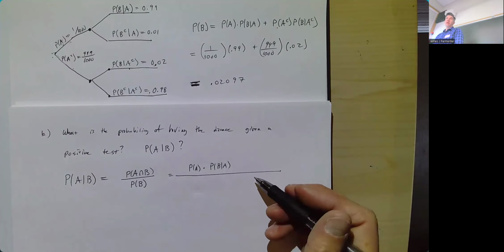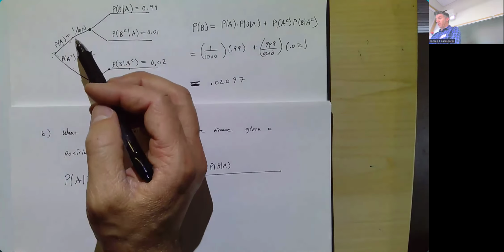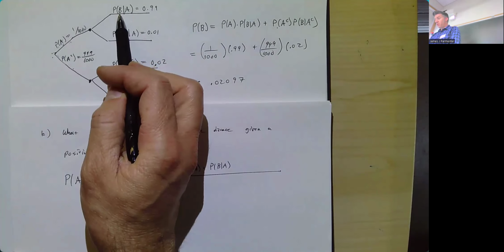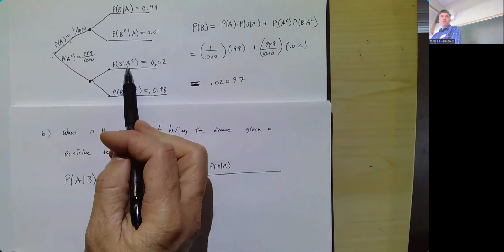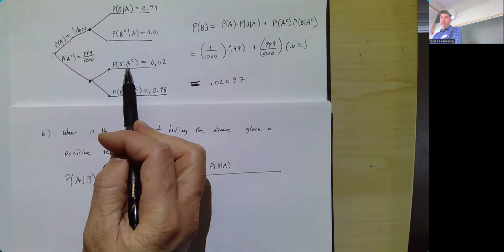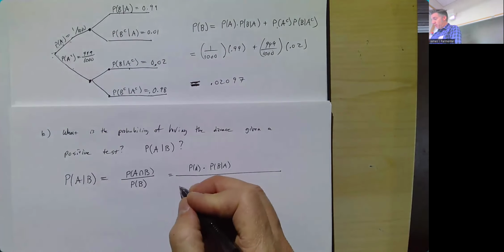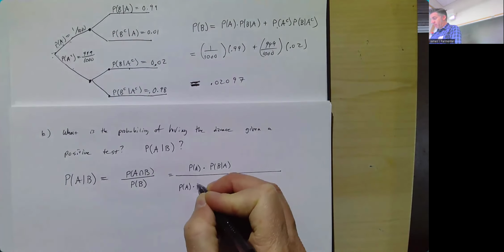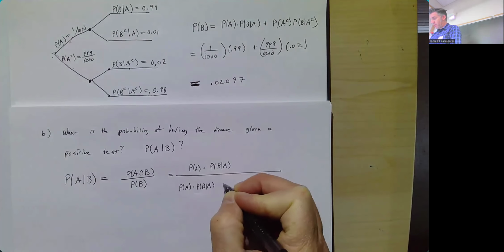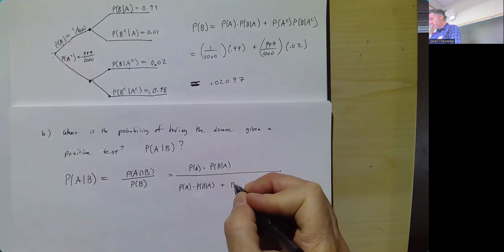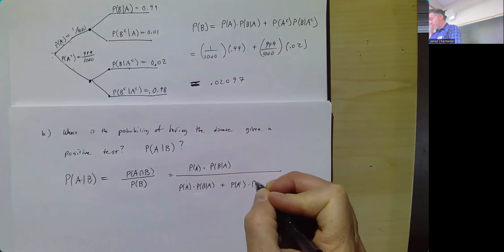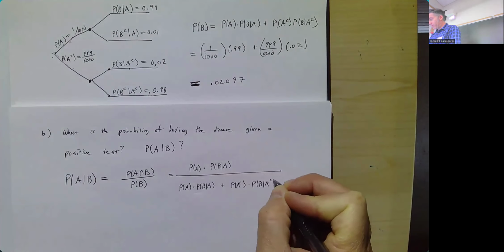It's all the ways you get to B: either A and B or not A and B. So it's A times the probability of B given A, plus the probability of A complement times the probability of B given A complement.